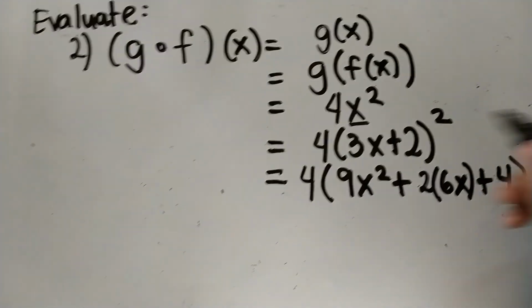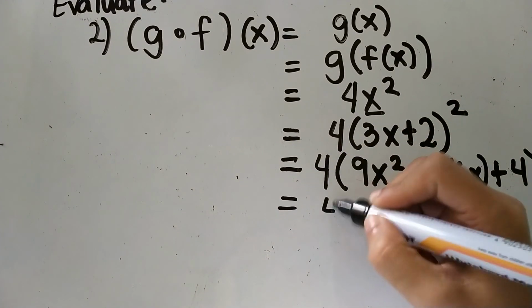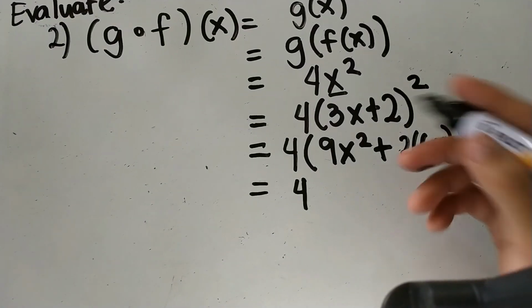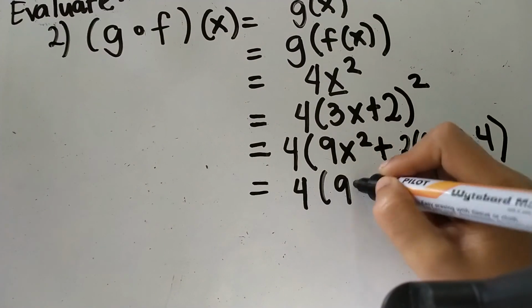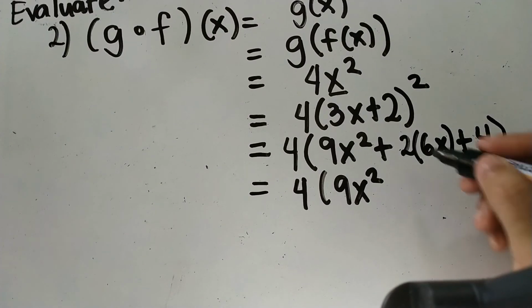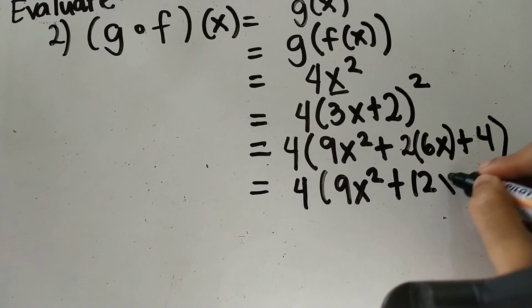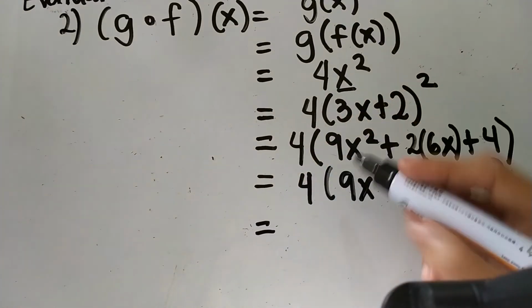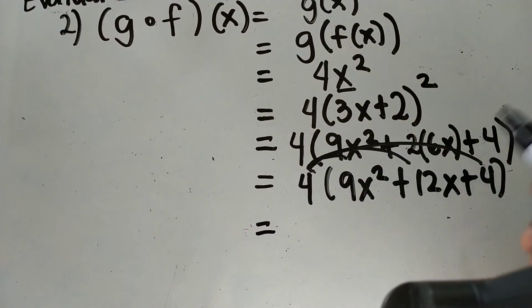Then, simplify na natin. So, we have 4 times 9x squared plus 12x plus 4. And, multiply again. Multiply natin sila lahat.